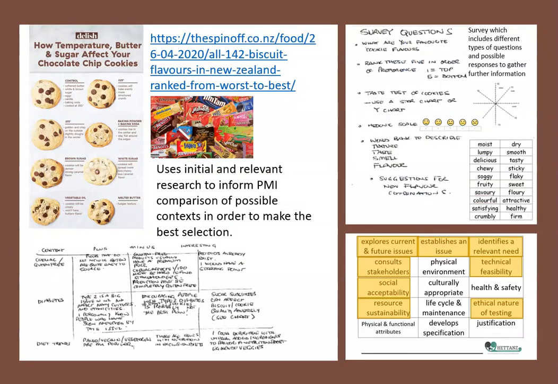So the opportunity that they identified was that the business wanted to create new flavours of biscuit. And so one of the pieces of research that they carried out was to take a survey of people to ask what were their favourite biscuits. And this allowed them to include several different types of question and get several different responses, which they could then use to provide and make charts and graphs to show a summary of their results.